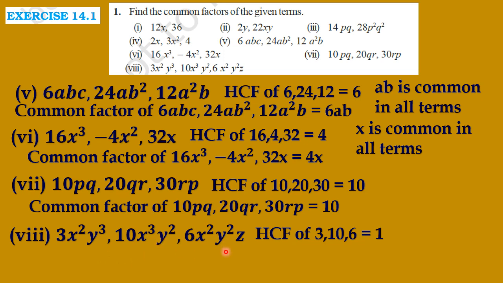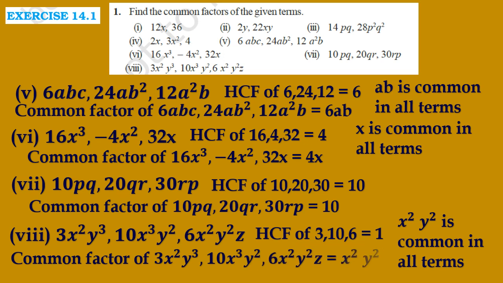So the smallest power of y is y square. And z is not common. So x square y square is common in all terms. So the common factor will be 1 into x square y square, or we can take it as x square y square.